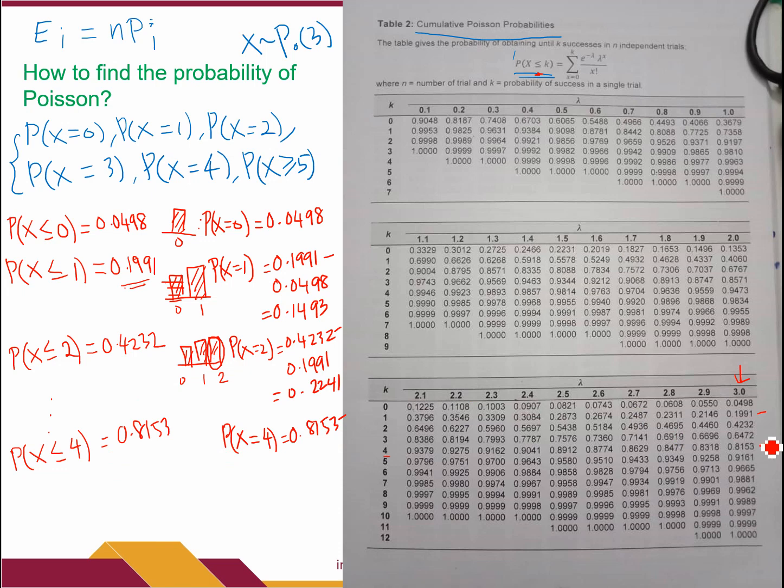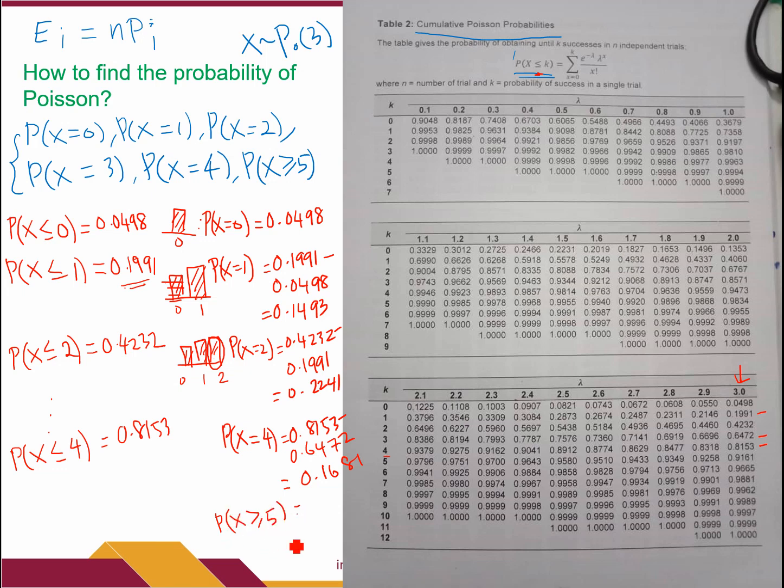Px less than or equal to 3 is 0.6472. So then you will get 0.1681. And then the last one, they want you to find the value of Px more and equal to 5.